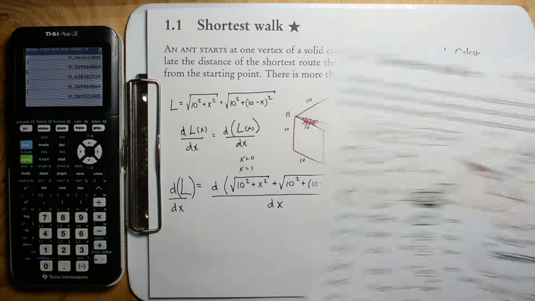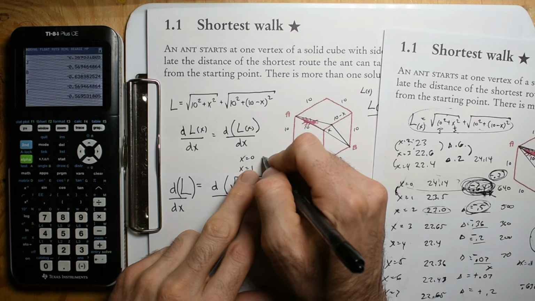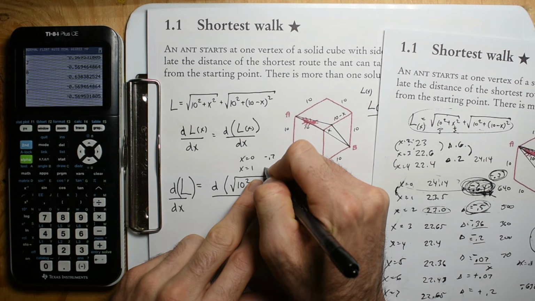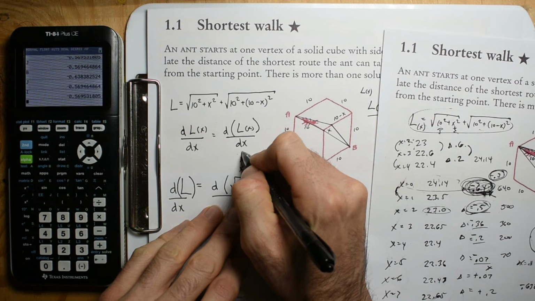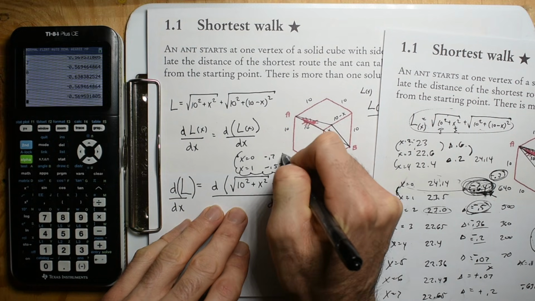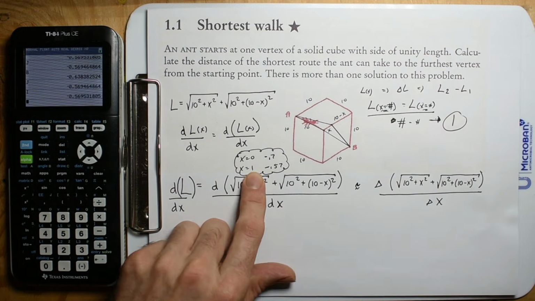If we're close to 0, our value is going to be negative 0.7, and then we got negative 0.57. Those are the values we're shooting for, and it's good to have values to double check your reality.